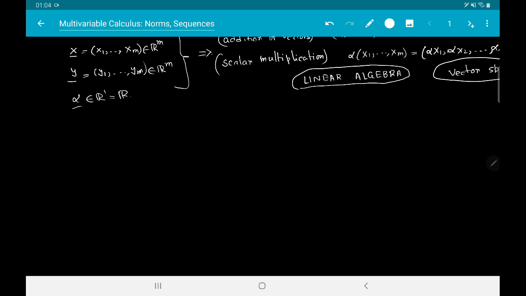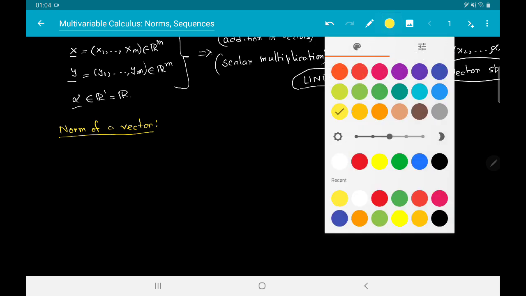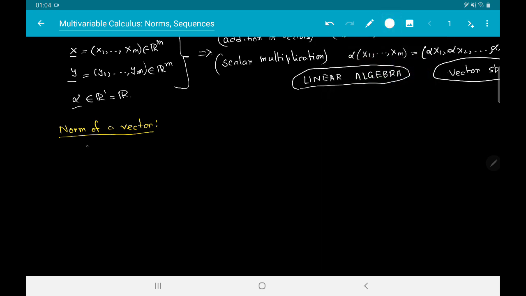As I said, we want to understand the distance between 2 points, so this leads us to the notion of norm of a vector in Rm. So what is the norm of a vector? Let x be a vector in Rm.